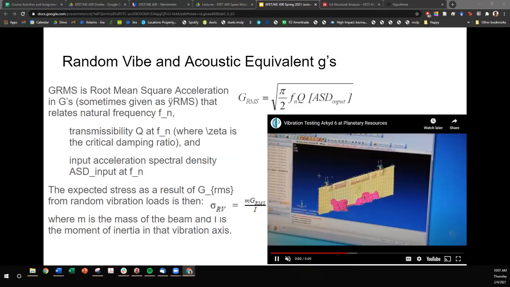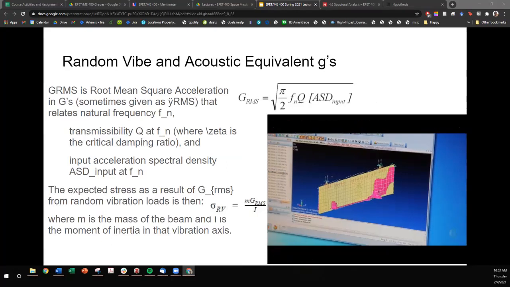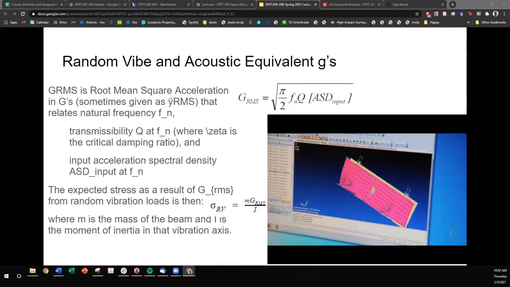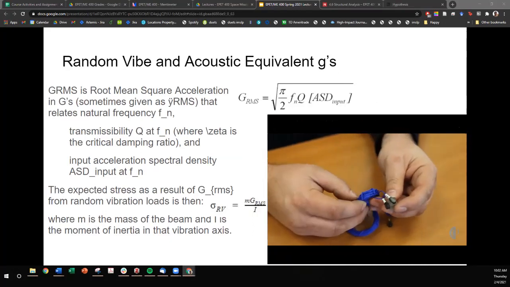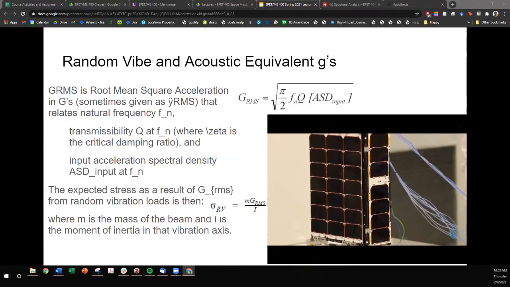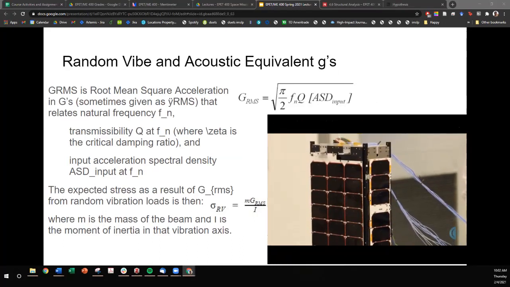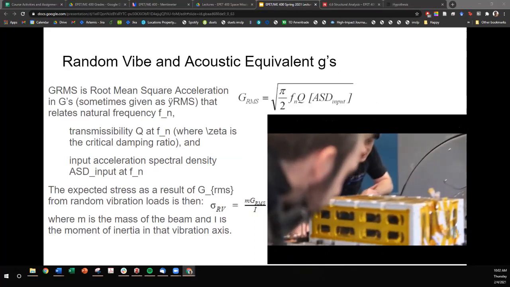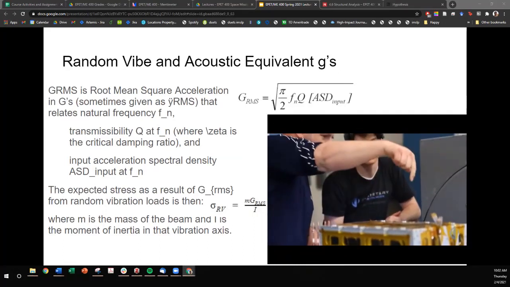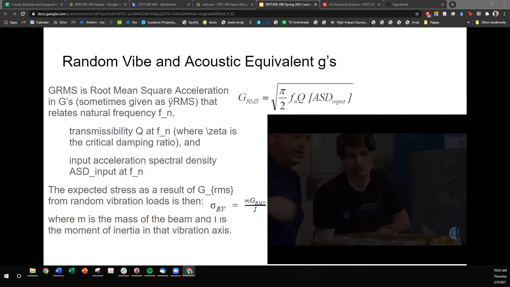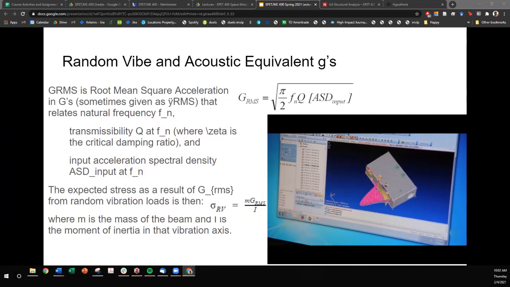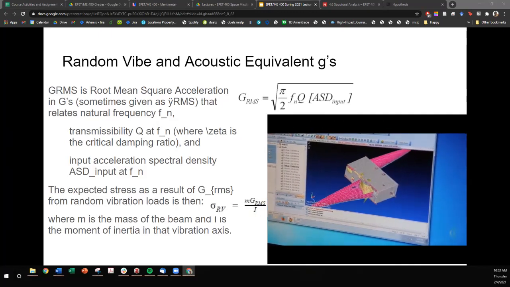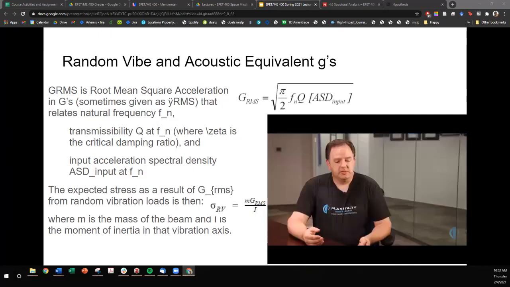Okay, for vibe testing, you can also do a hand calculation where the vibration can be approximated as some kind of acceleration load. This is the equation where the acceleration load is defined by the square root of the frequency, the input acceleration at that spectral density.